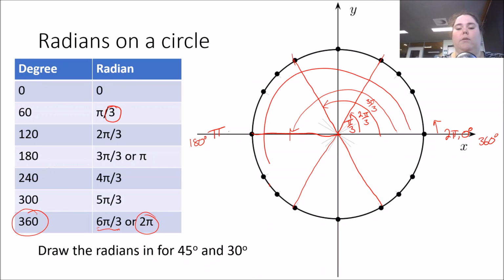The next one, all the way around to here, is 1, 2, 3, 4 pi's on 3. That would be the full angle from 0 to where I've gone. And that's how we draw in pi's on 3's. You can have a go doing it for 45 degrees and 30 degrees, which is pi on 4 and pi on 6. See if you can do them.